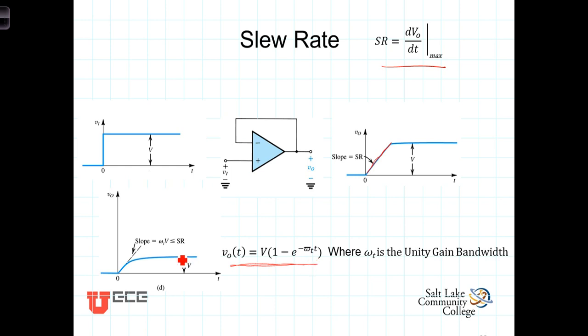Now, the maximum rate of this step response occurs at t equals 0 and is equal to the derivative of this with respect to time evaluated at t equals 0.